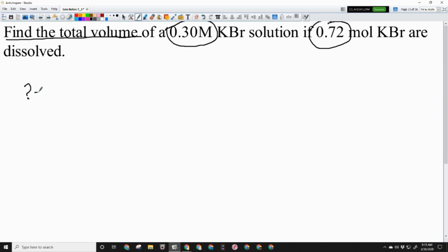Question mark is going to be the volume. 0.30 molar KBr, so our capital M is going to be 0.30 molar. If 0.72 moles of KBr are used, our n is equal to 0.72 moles.